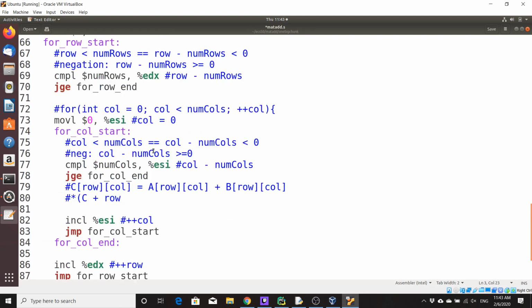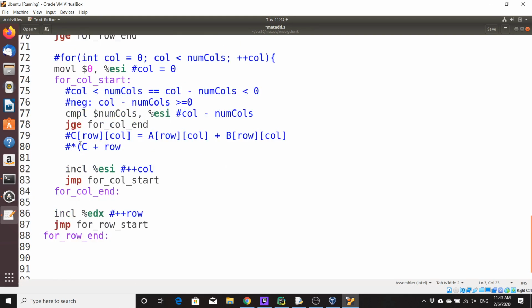So how are all 3 of these arrays translated? We just did it. And remember, our arrays are num rows by num cols big.